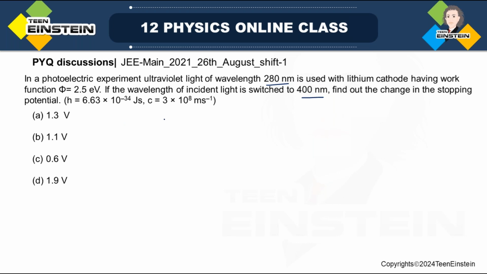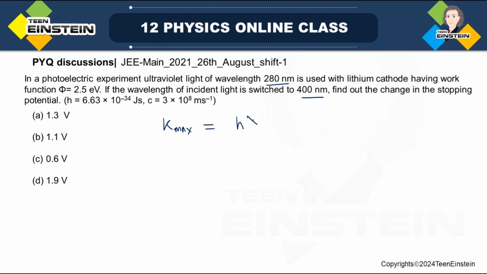Okay, so to solve this problem, let us first write down the equation, the famous photoelectric equation given by Einstein. So Kmax, that is the maximum kinetic energy with which photoelectrons come out, is equal to the incident energy.